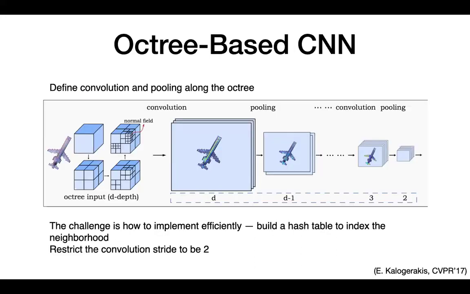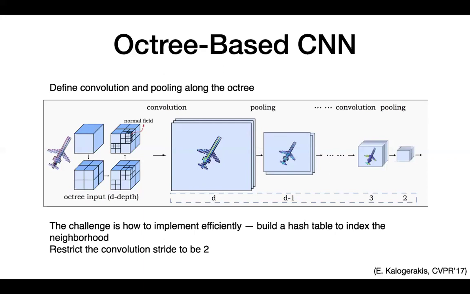And so the two issues that we are going to address are, one, use a hash table to index the neighborhood, because the convolution operator is operating on one voxel and needs to take into account the neighboring voxels. And so if we have a hash table that works with the octree, it is going to tell where those neighboring voxels are and whether they are empty or not, so we can implement the convolution efficiently.